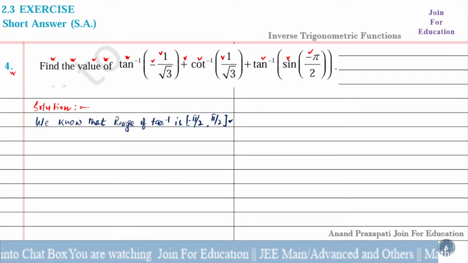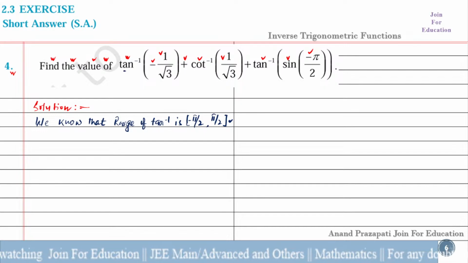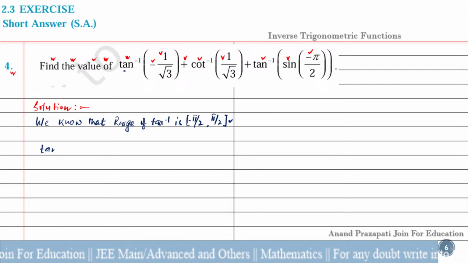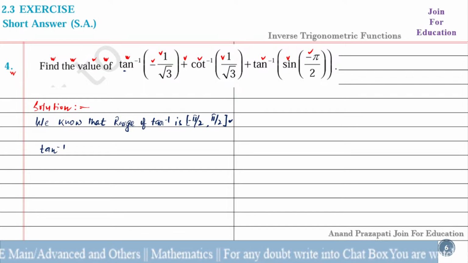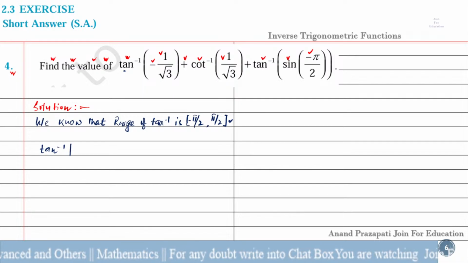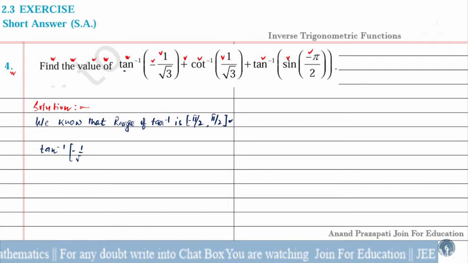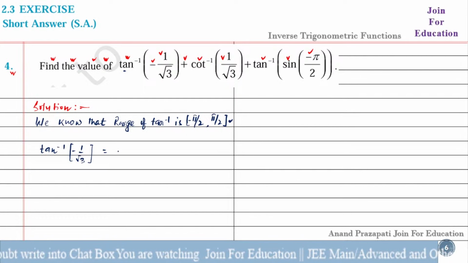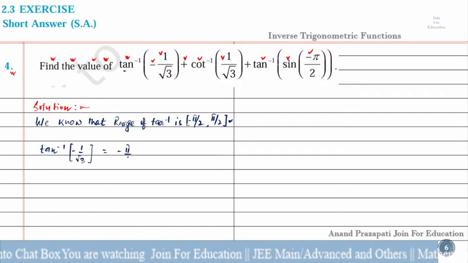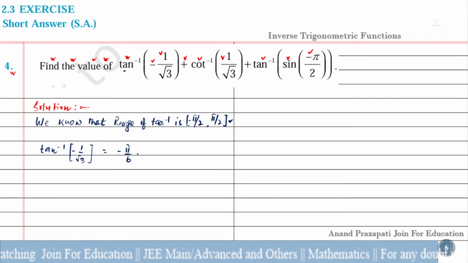Hope there is no problem understanding up to this step. Therefore, the value of tan inverse minus 1 by root 3 equals minus pi by 6. Hope there is no problem understanding up to this step.